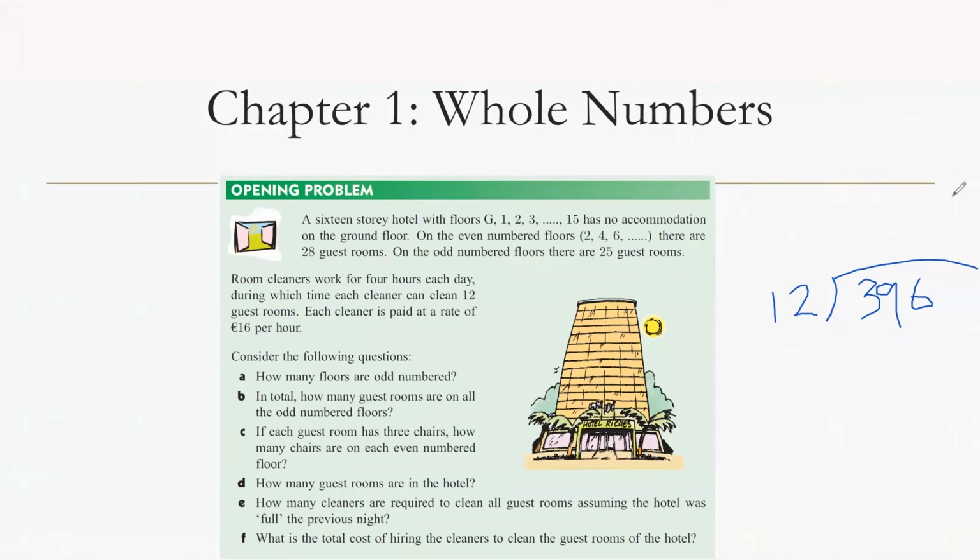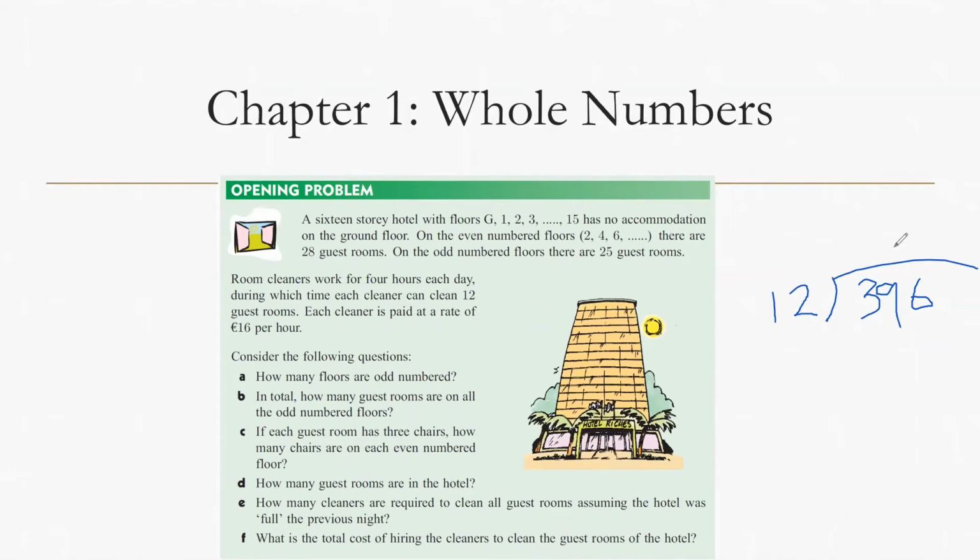What should I do? So you first take the 3 and 9 of the 396 and divide. So you're going to take that and transform it into 39 and divide it by 12. Very good. But there's going to be a remainder of 3.